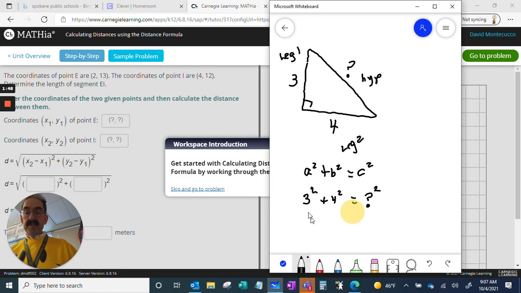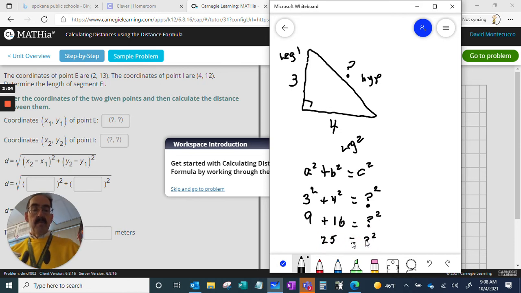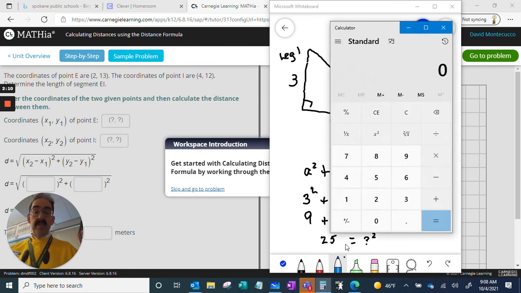Well, what's 3 times 3? 9. What's 4 times 4? 16. And that is equal to the third leg squared. Well, 9 plus 16 is 25. And now we have a squared. Well, we want to undo a squared. So to undo the squared, we have to take what's called the square root.